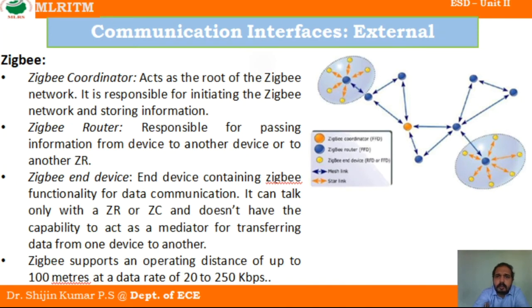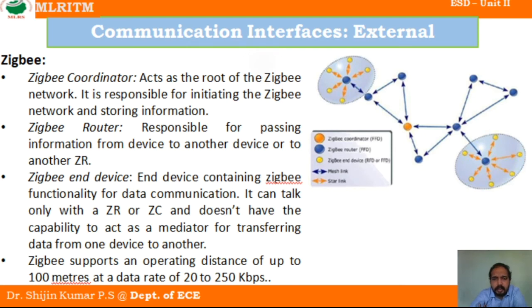It is responsible for passing information from one device to another device or to another Zigbee router. Zigbee routers are displayed in blue color, and Zigbee coordinators are orange color.